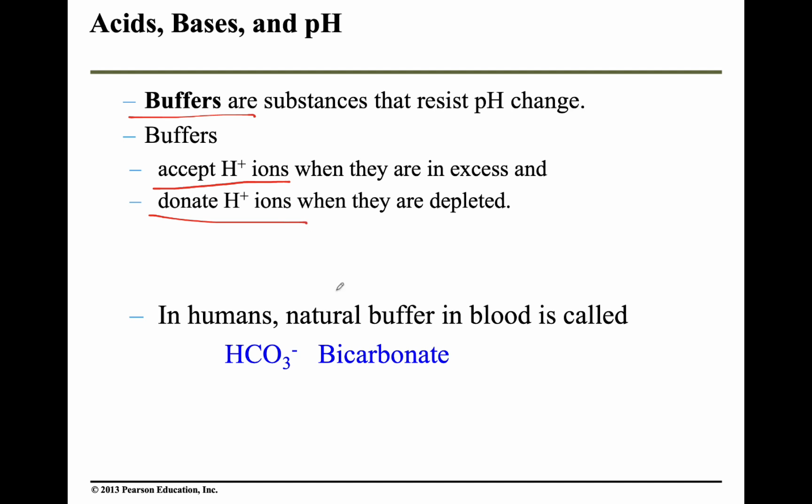In our human bodies, the most important buffer we have is bicarbonate. And bicarbonate has the ability to accept a proton to turn into H2CO3 with a neutral charge, or it can lose this proton to become CO3 with a 2- charge.